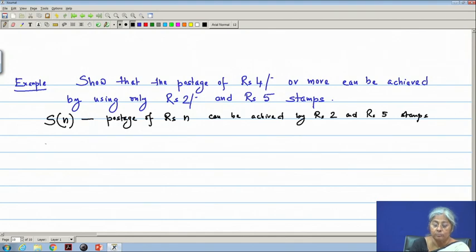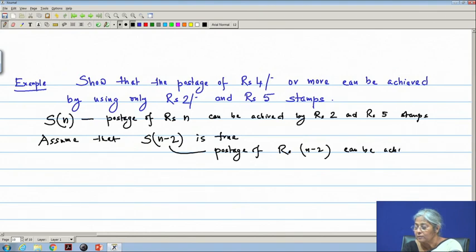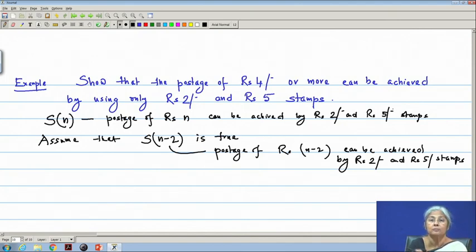Now, if we assume that Sn minus 2 is true, that means the postage of n minus 2 can be achieved by ₹2 and ₹5 stamps, then we will simply add ₹2 more.